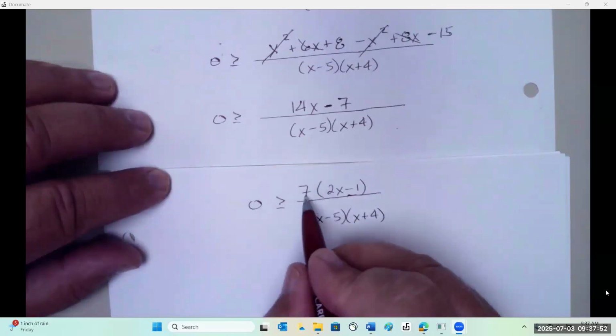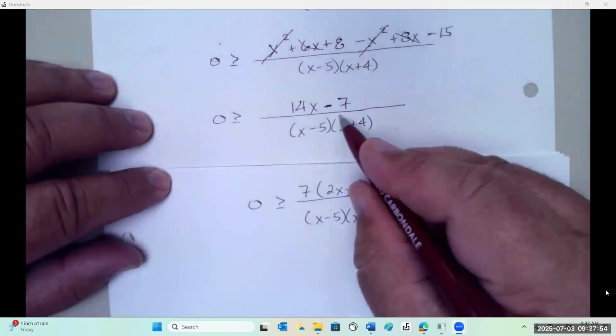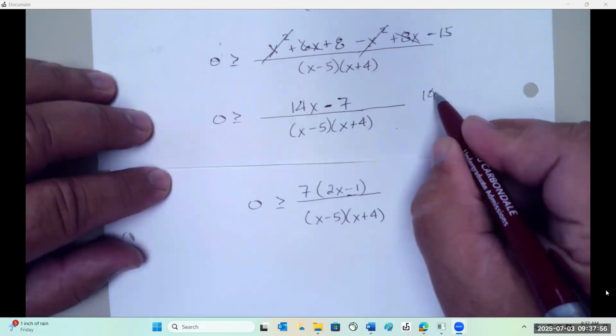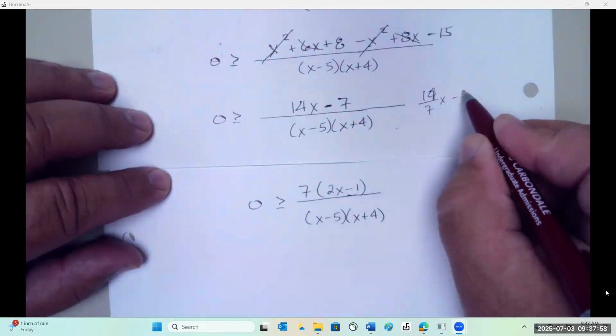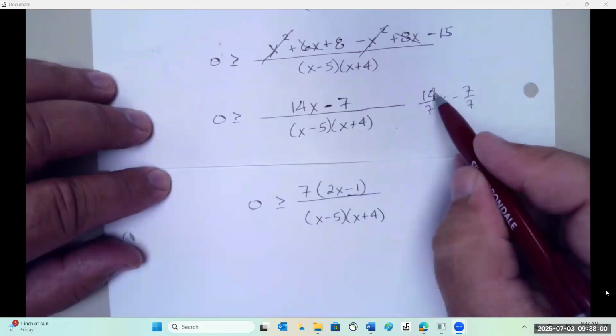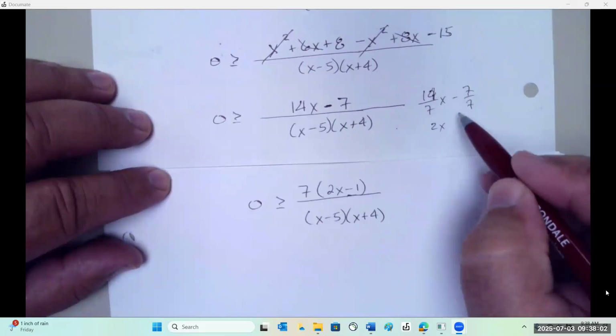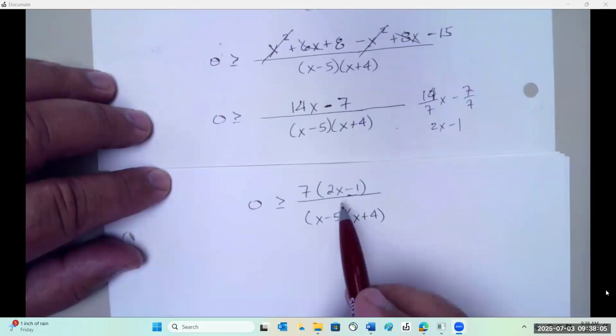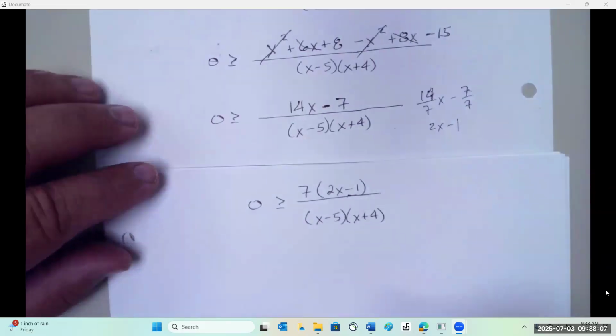Because whenever you factor anything to see what goes inside the parentheses, you divide those terms. 14 divided by 7 is 2x. 7 divided by 7 is 1. So that's 2x minus 1.